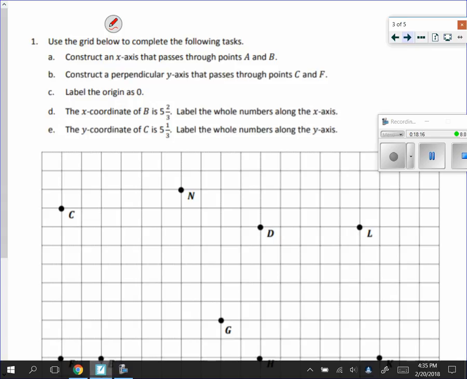Okay, so what I want you to do, the first thing in the directions, it says, use the grid below to complete the following tasks.